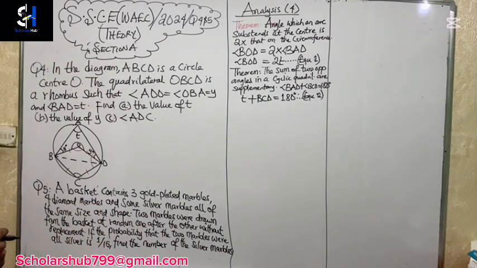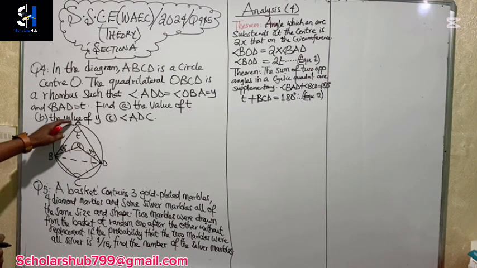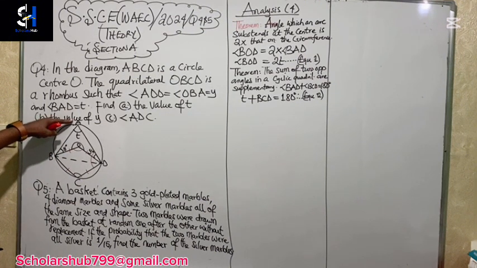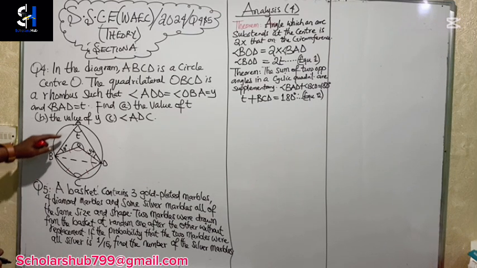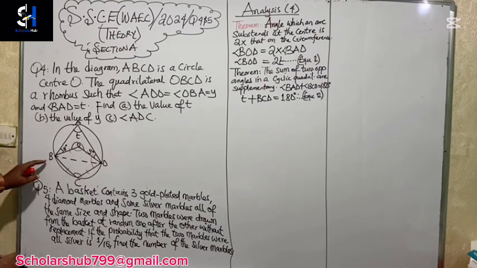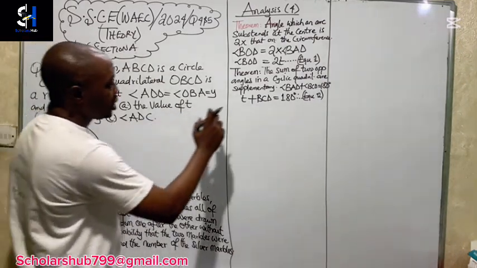Now, in this case, we have the angle at the center to be twice the angle on the circumference. Also we know that the sum of BAD and BCD is equal to 180 degrees. So what we need to do here is to calculate T.